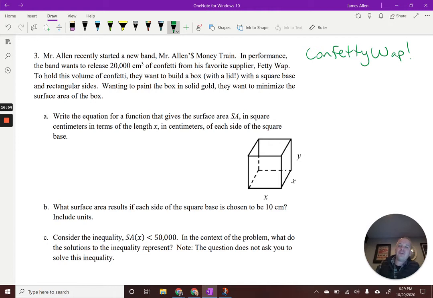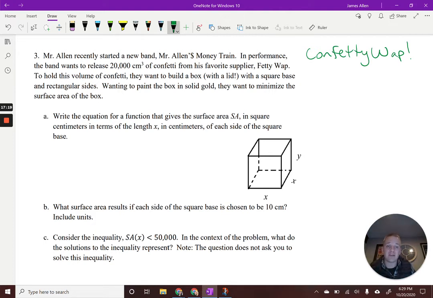It's good. All right. To hold this volume of confetti, they want to build a box with a lid this time. We don't want this stuff blowing all around. No more open top box. Sorry, G-Eazy. Can't be using your open top boxes that are so easy to open. With a square base and rectangular sides. Now, wanting to paint the box in solid gold, they want to minimize the surface area of the box.